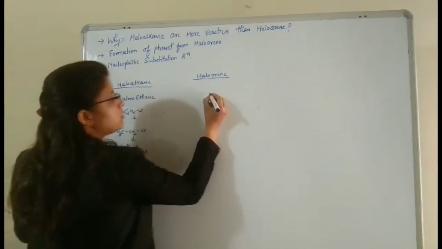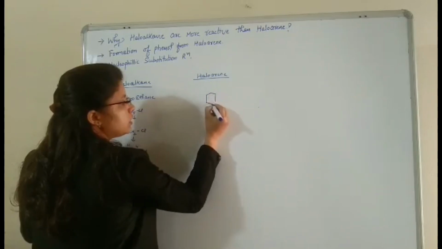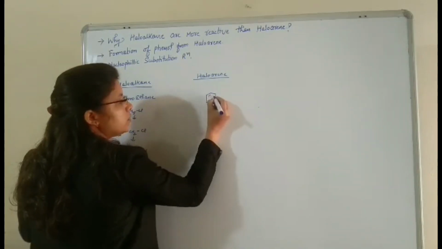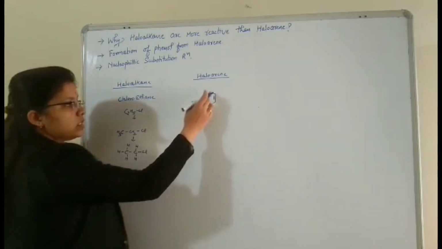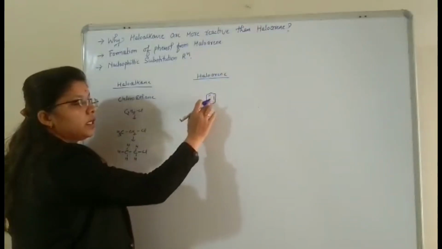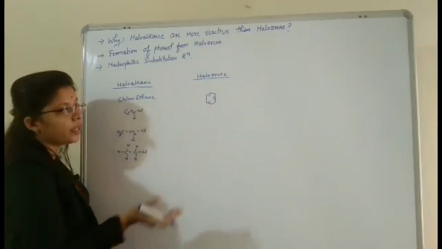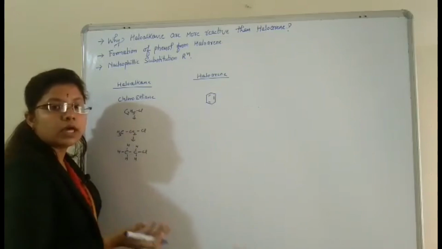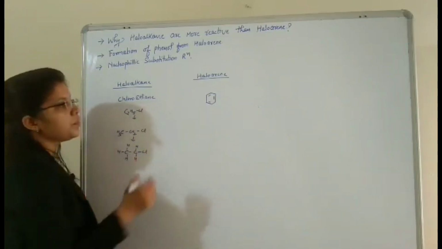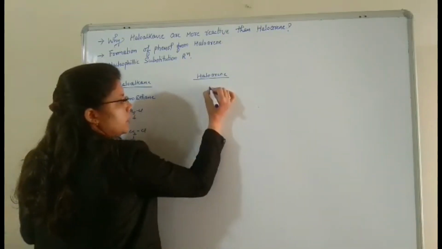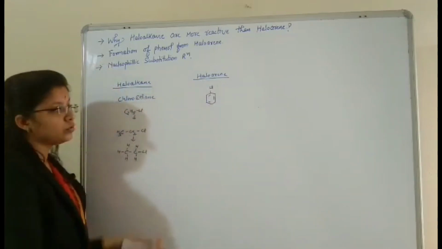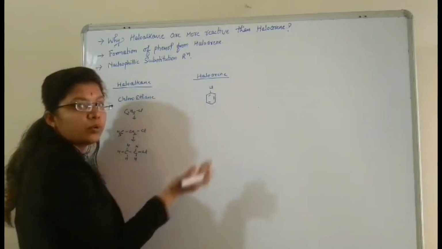Haloarenes means one benzene ring is there and alternate double bonds are present. We know this is cyclohexane, and if alternate double bonds are present in the cyclohexane, we give it a name, benzene. And from this benzene, one chlorine atom is attached. So this is an example of a haloarene.